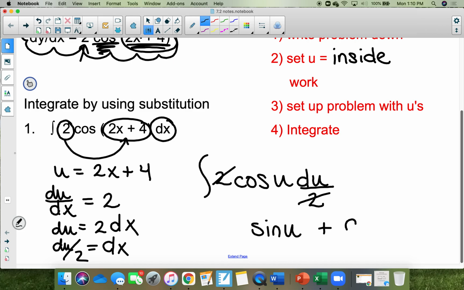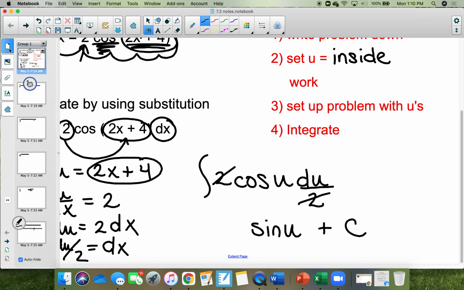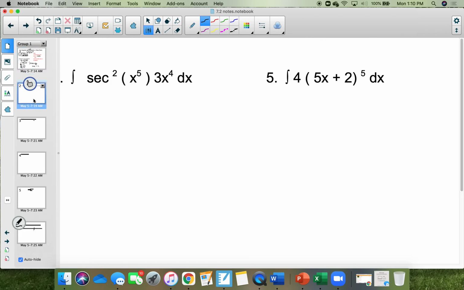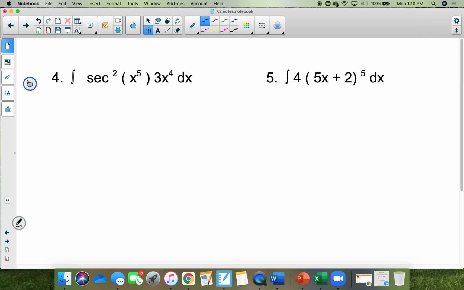Okay, let's do another problem. Let u equal x to the 5th. That's called the inside part. You have to be able to recognize the inside part of the chain rule.